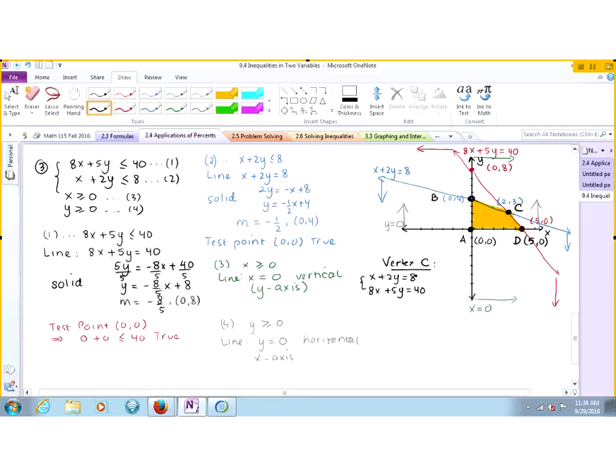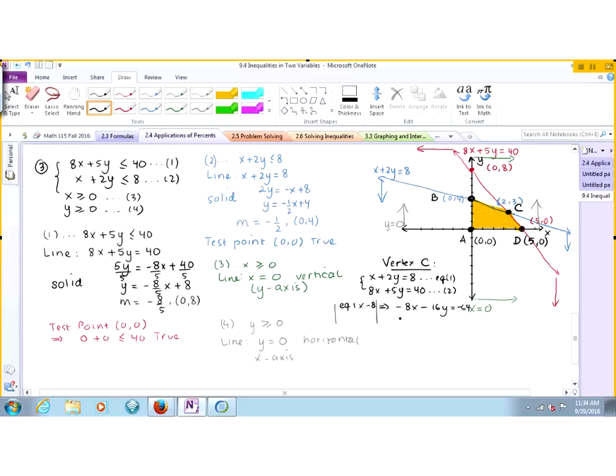Elimination? Multiply the top one by negative 8. So this is equation 1 and this is equation 2. Equation 1 multiplied by negative 8 gives negative 8x minus 16y equals negative 64.